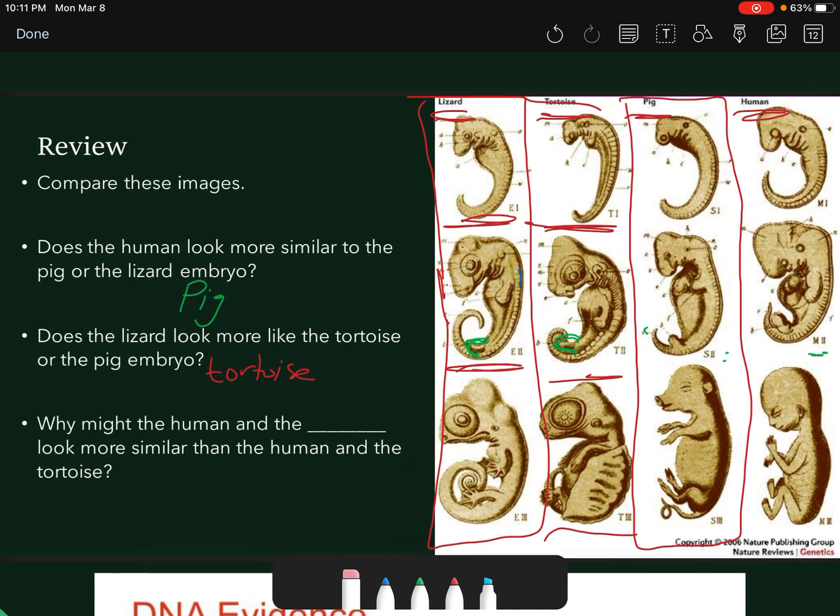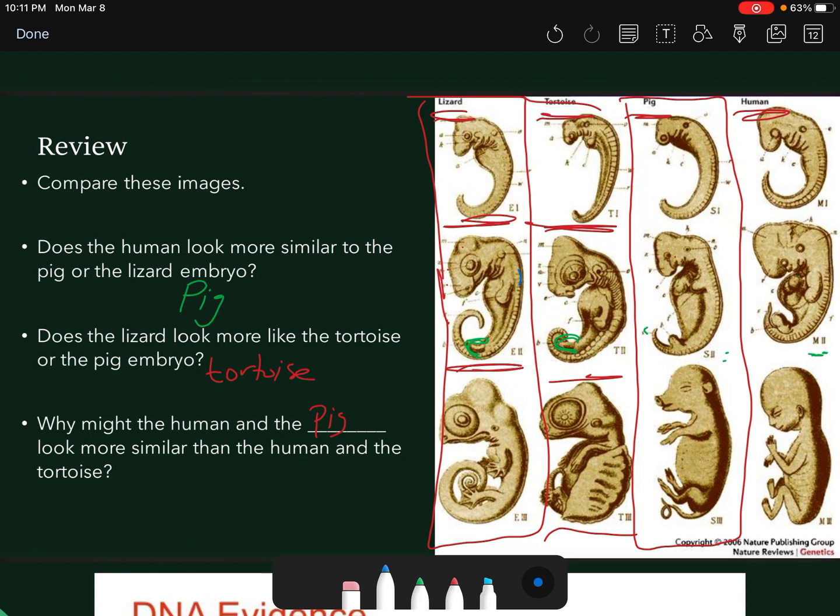Now, why might the human and the pig look more similar than the human and the tortoise? Okay, so why might the human and the pig look more similar than the human and the tortoise?